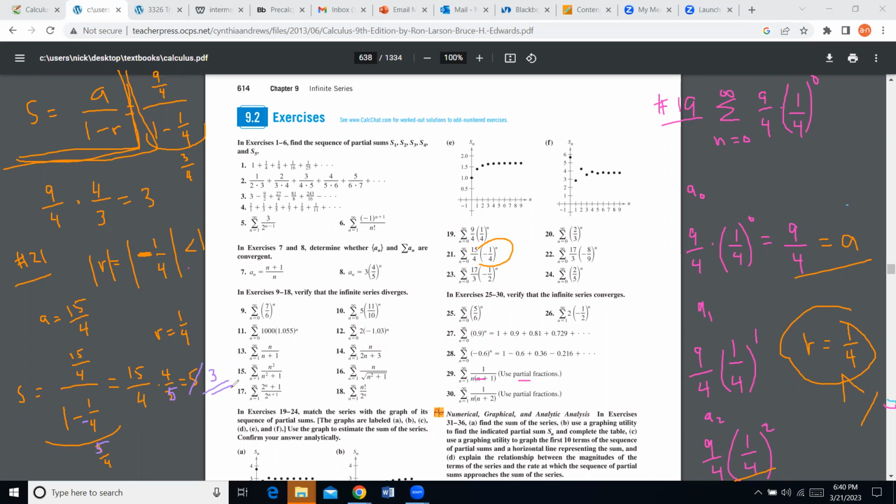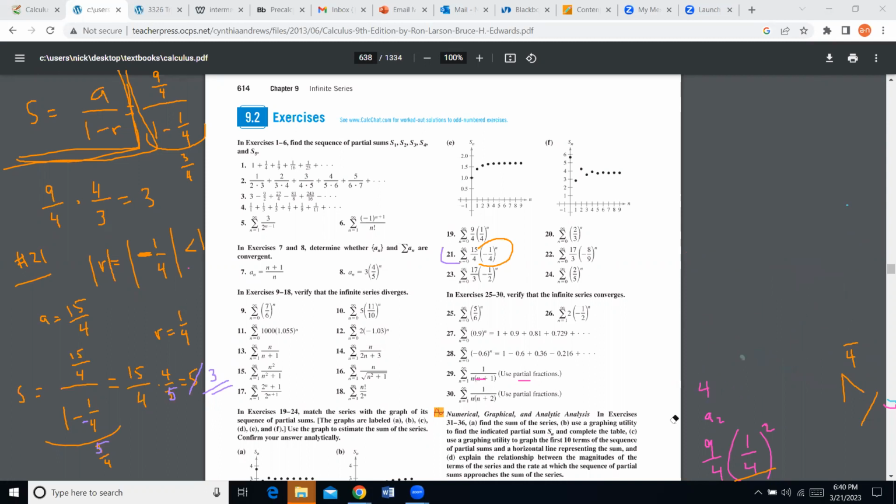And I guess it's not surprising, because our series will have sign-alternating terms in exercise 21. Just look at this. Let me clean that a little bit. The first term will be positive, but the second term will be negative.